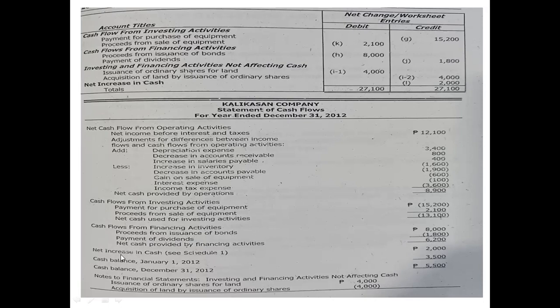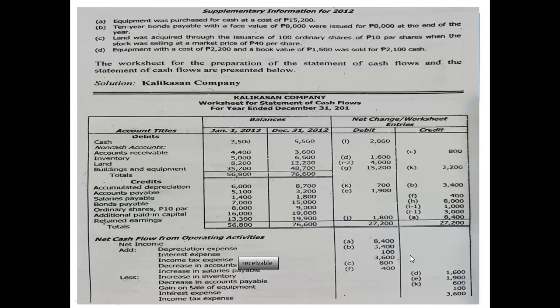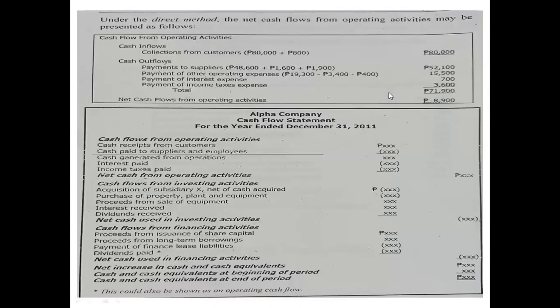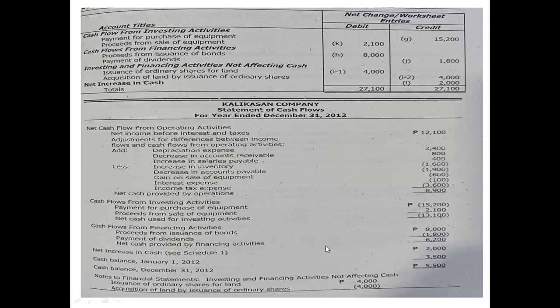So the net increase in cash, as seen in Schedule 1, is 2,000, as seen here. So the cash balance January 1, 2012 is 3,500.